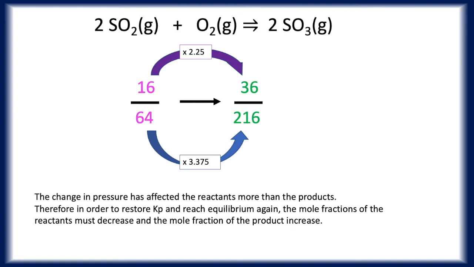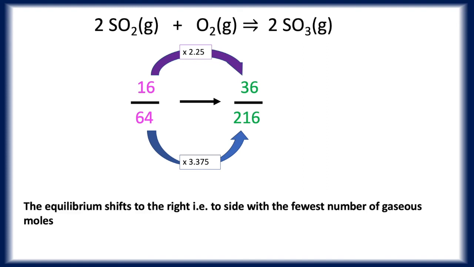So hopefully you can see that that change in pressure has affected the reactant more than the products. Remember, in Kp, the reactants are on the bottom of the fraction. And so in order to restore Kp and get back to our original equilibrium value of Kp, the mole fractions of our reactants have to decrease and the mole fractions of the product increase. And therefore, that means that our equilibrium will shift to the right, which of course is the side with the fewest gaseous moles, as predicted by Le Chatelier.